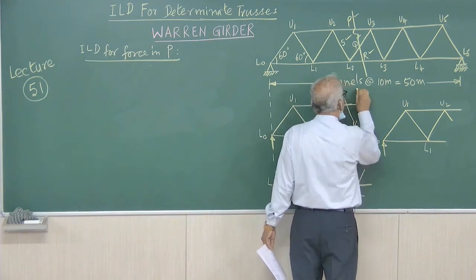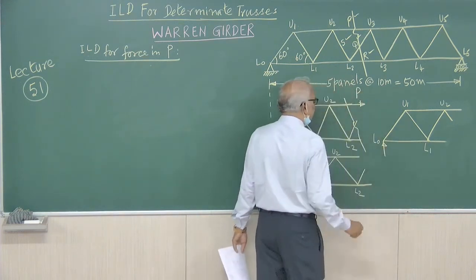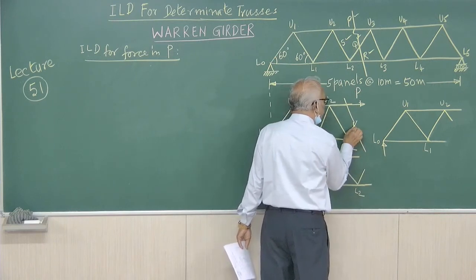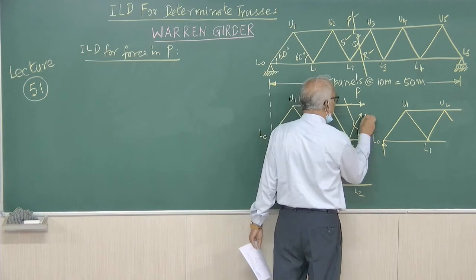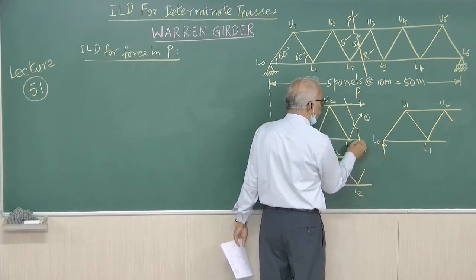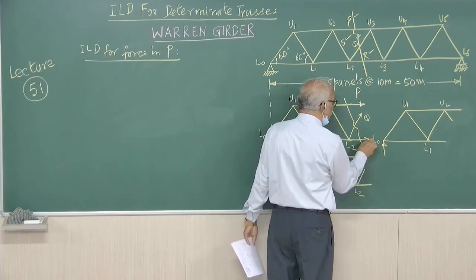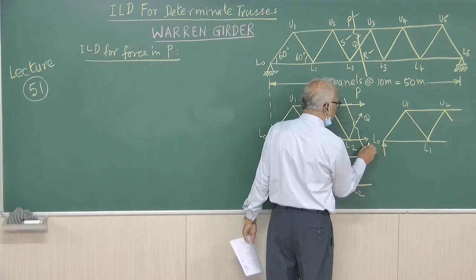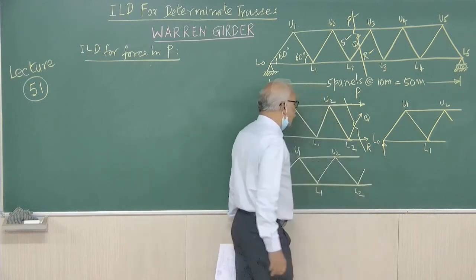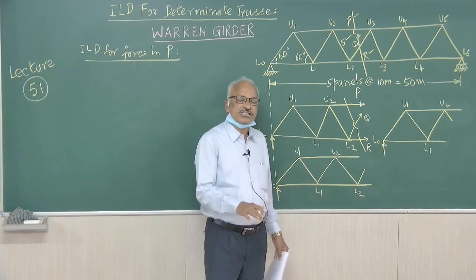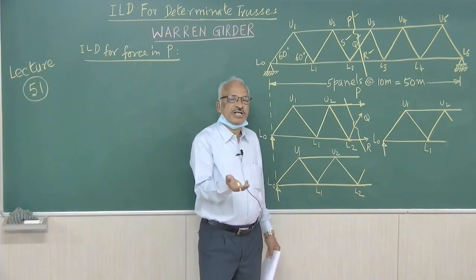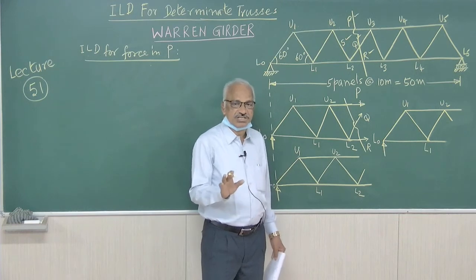Let us say this is the force carried by this member. Initially, let us assume that all members P, Q and R are under tension. All the three members are carrying forces. Our analysis will tell us whether a member is under compression or under tension.